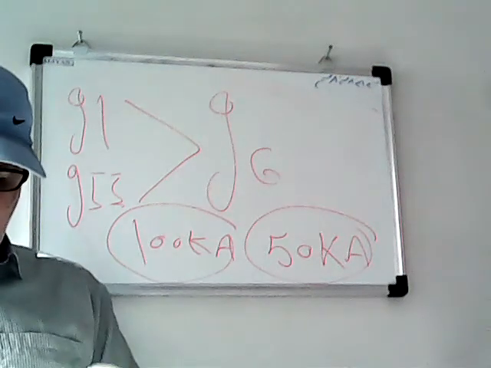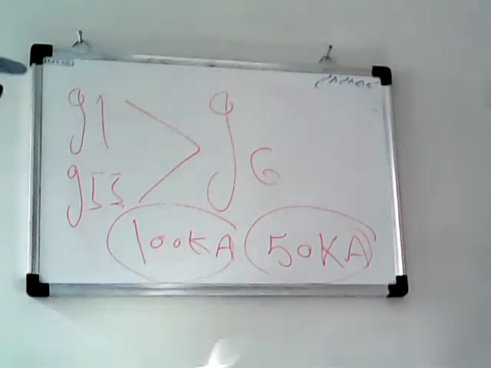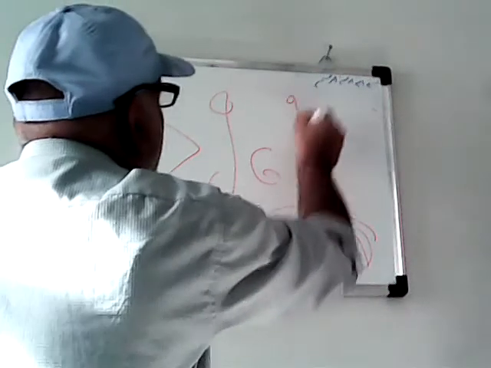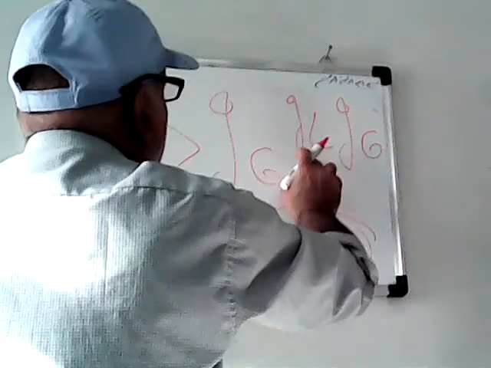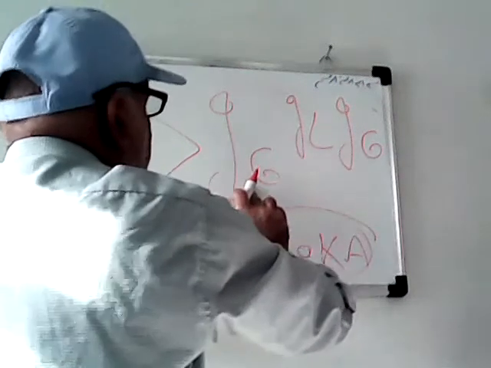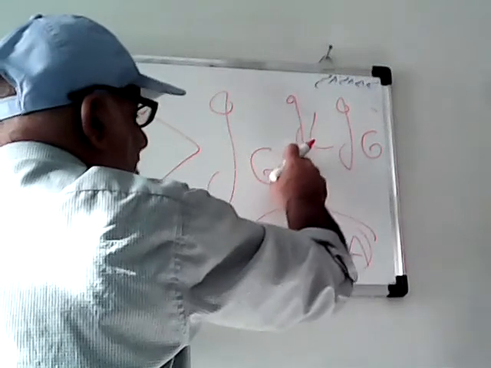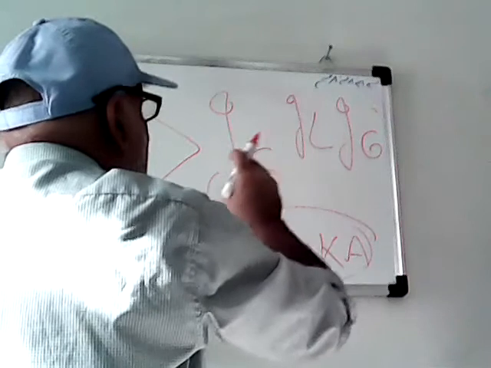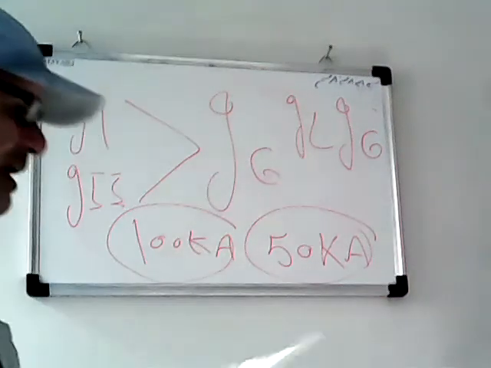And also we have gL and gG2. gG is a new one. gL was the fuse for protecting lines, substituted today by gG.